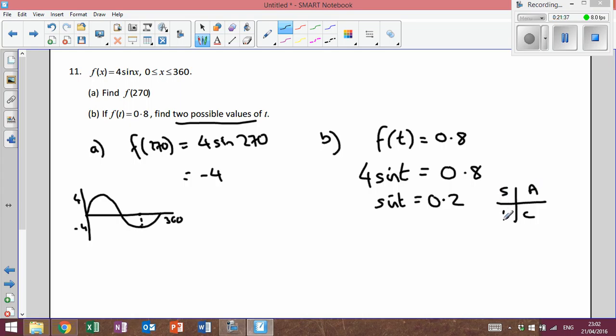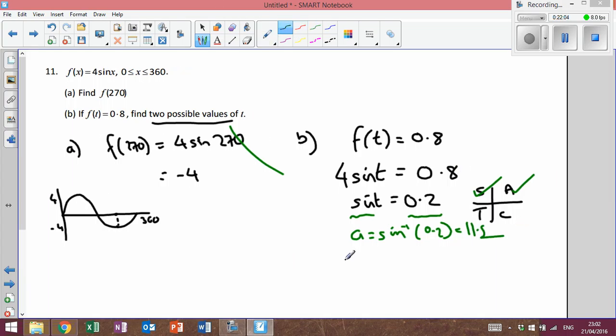And we're in our CAST diagram. We're talking about sine, we're talking about a positive. So it's positive there and there. Let's get an angle. Inverse sine of 0.2. So I changed back to black, but I'm running with it now. Okay, which is 11.5.